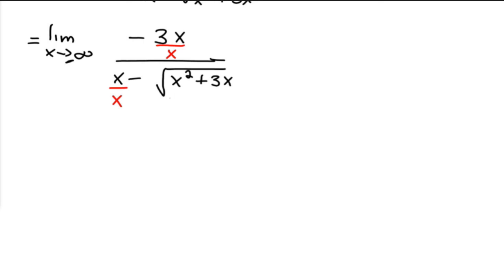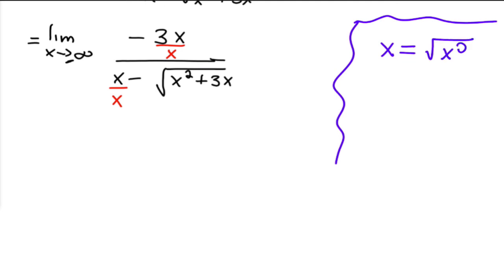Now here though, when I divide this by x, remember I did this earlier. Let me do this over here on the side. You always want to check this out. So here, let me do a little bubble. I want to turn x into the square root of x squared.